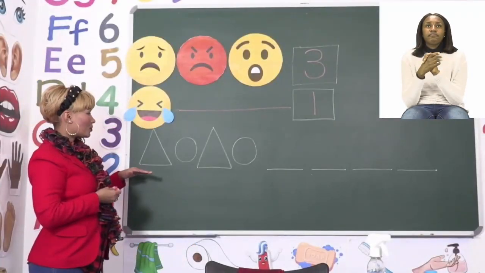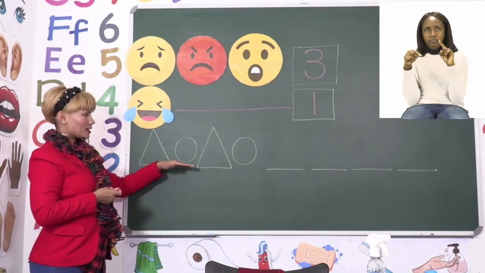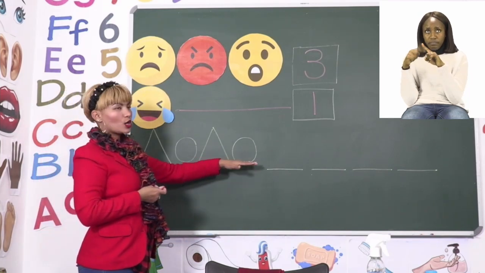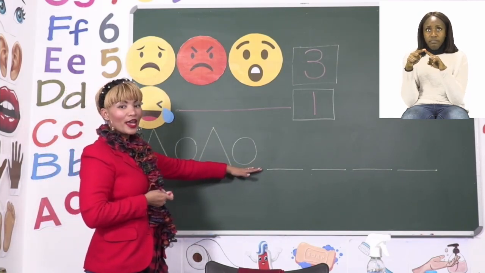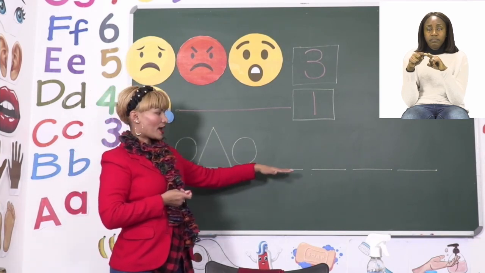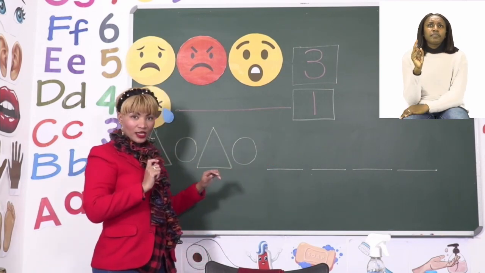So if we go back to the board, you will see that I drew a triangle and a circle, and a triangle and a circle. Now, if we have to complete this pattern, what shape do I have to write in next? Let's start again.